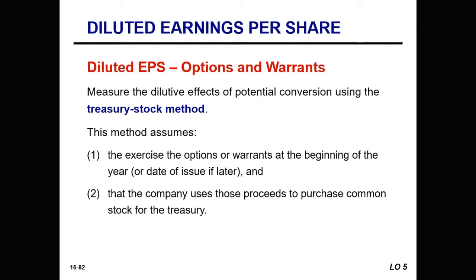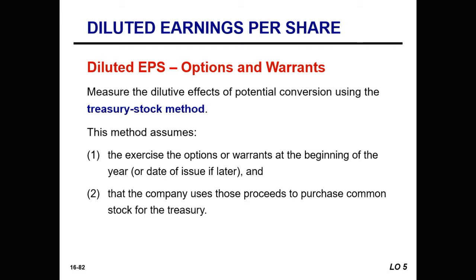This is a measure for the dilutive effects of the potential conversion that's a little bit different. The assumption is that the exercise occurs at the beginning of the year or the issue date if it's issued during the year. The proceeds are used to purchase common stock for the treasury, at the average market price for common stock during the year.